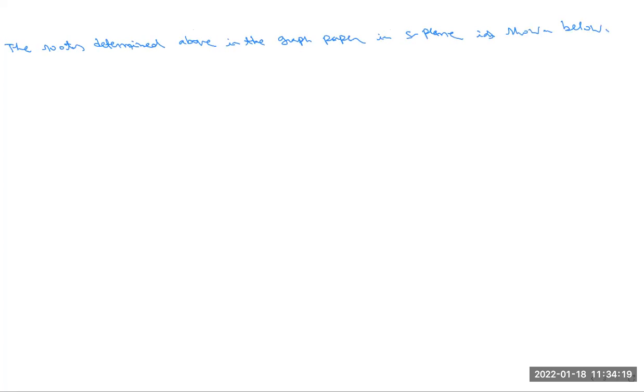I am drawing one picture, so a little bit of the idea is also clear. This is the real axis, and this is the imaginary axis. This is the real, and this is the imaginary part.